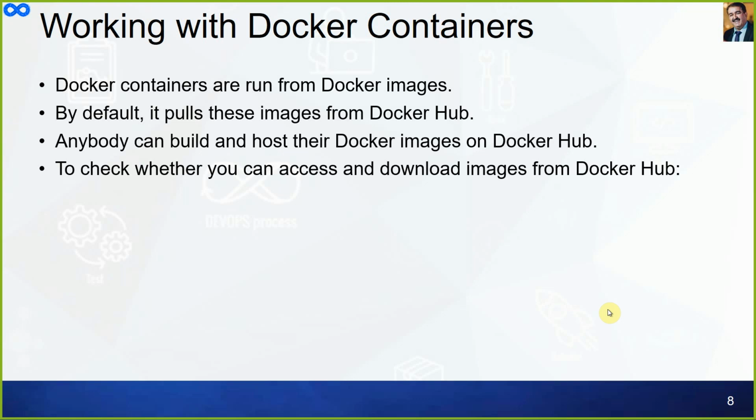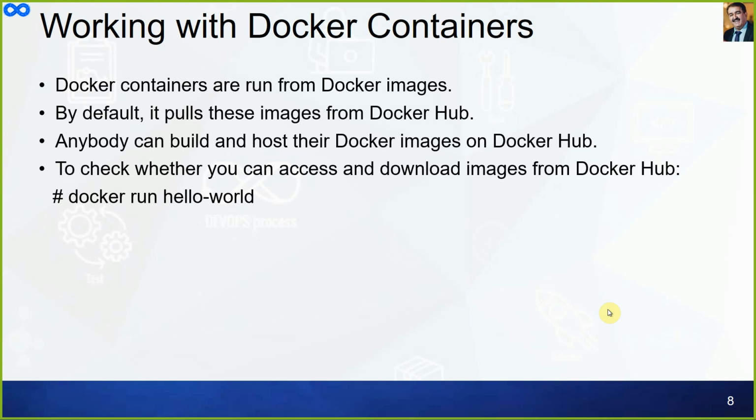To check whether you can access and download images from Docker Hub, you run the command docker run hello-world, which I have demonstrated. In my case, if you notice, I used two commands. First, I used docker pull, and then I used docker run. I also informed at that time itself that you can directly use the docker run command.